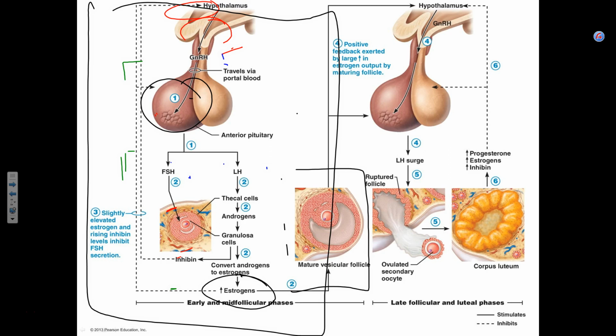That's negative feedback because estrogen inhibits the synthesis and release of luteinizing hormone from the pituitary gland. Does that make sense? Estrogen levels in the meantime continue to rise, and eventually that negative feedback switches to positive.